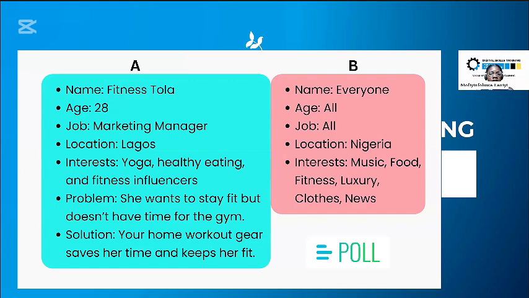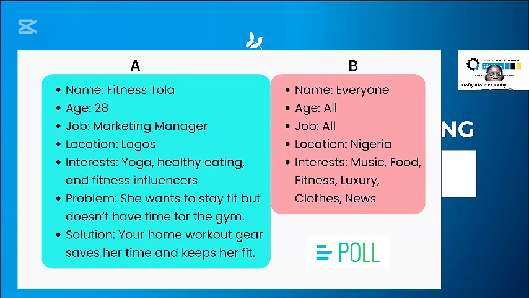But for her own buyer persona here, this is her ideal client. This is the ideal person she would like to reach out to. So someone in professional services that lives in Lagos, perhaps she only delivers within Lagos. So there's no point running an advert within Nigeria since she's only delivering to Lagos. The problem for the persona is that the person wants to stay fit but doesn't have time for the gym.